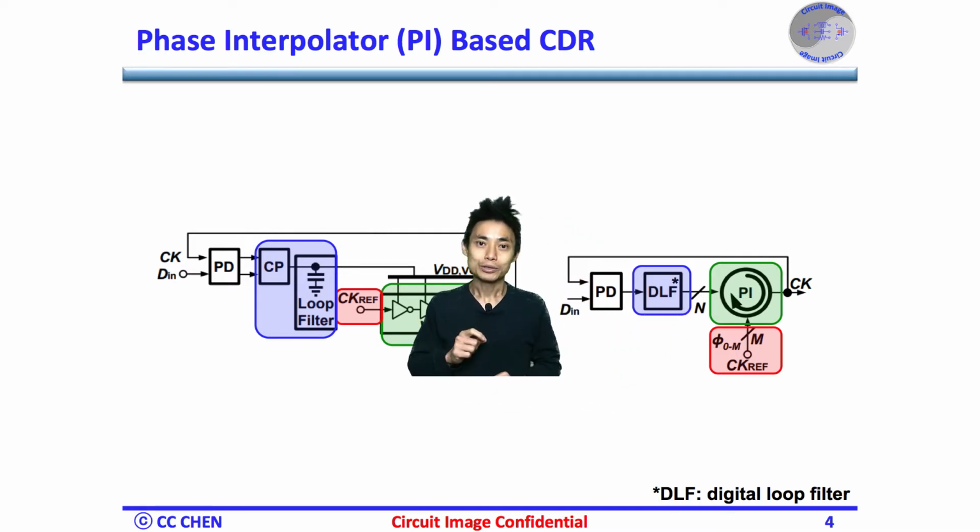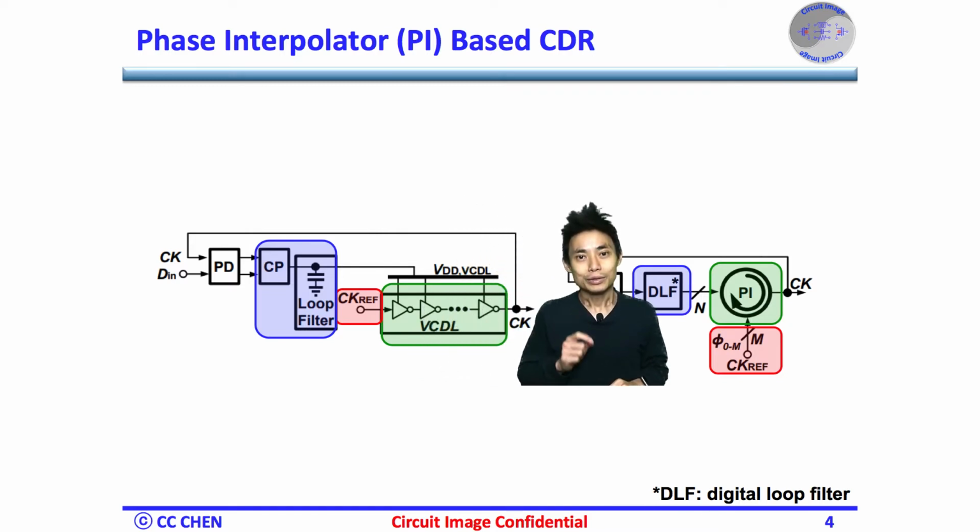The loop operation is to perform a phase comparison between the input data and the interpolated phases generated by the PI. The digital loop would then optimally select the interpolated phase to sample the input data, and then achieve the minimum bit error. Looks like the PI-based CDR is not much different from the DL-based CDR.